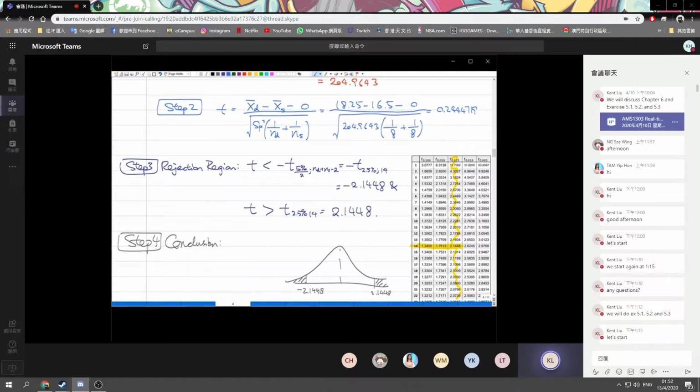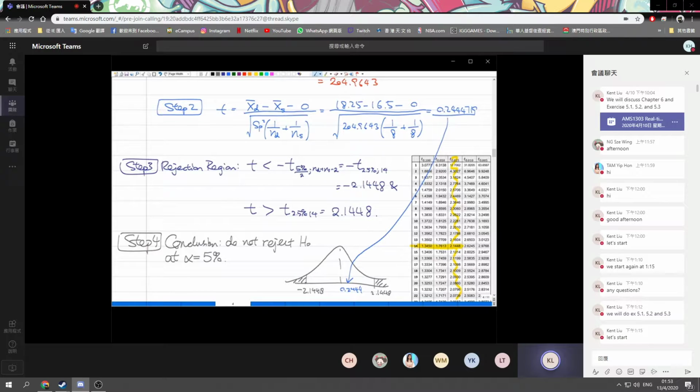Your test statistic is somewhere here, 0.2444 something, right? So your conclusion is do not reject. Agree? Do not reject the null hypothesis, and don't forget that alpha equals 5%.